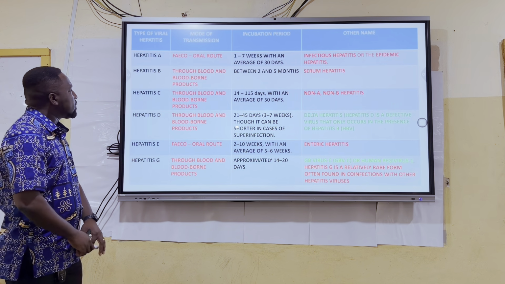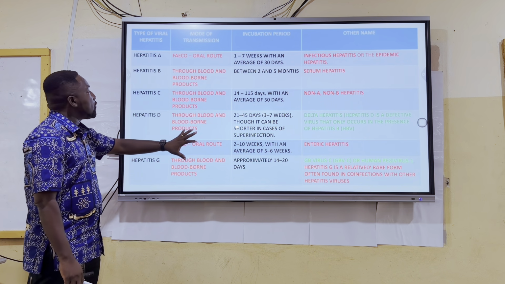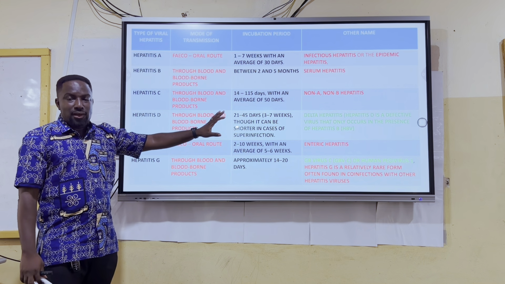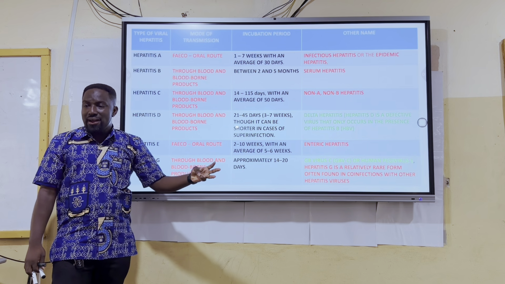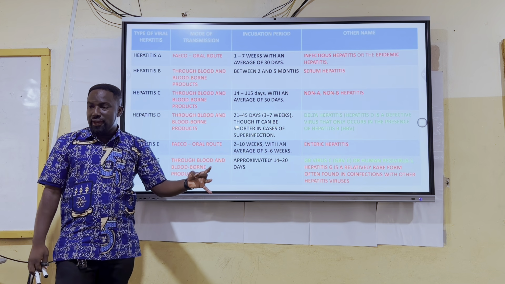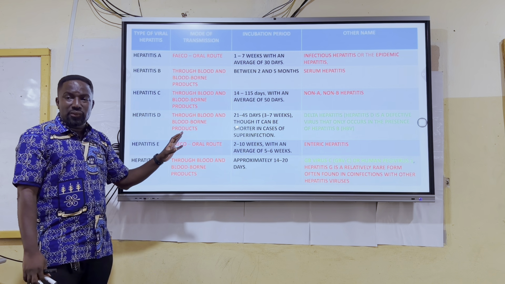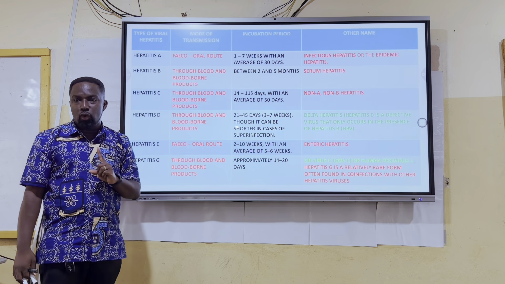So now let me just give you a smaller overview of the various types of viral hepatitis before I move to the pathophysiology. Because we said that hepatitis can be caused by viral infections, excessive alcohol consumption, autoimmunity, or what? Drugs. But when we pick the viral infection, we say that the viral infection is the most common type of what?